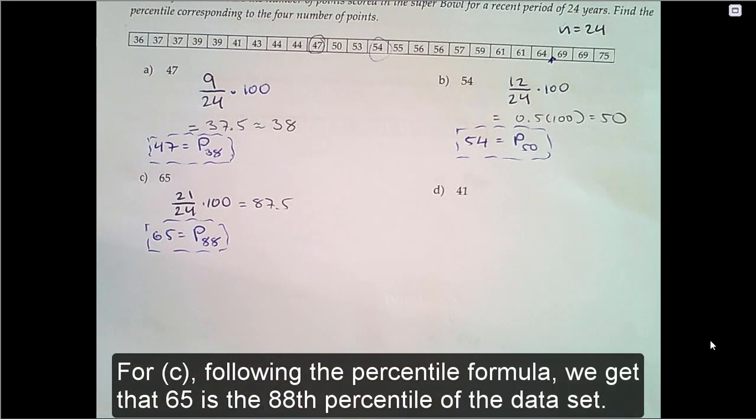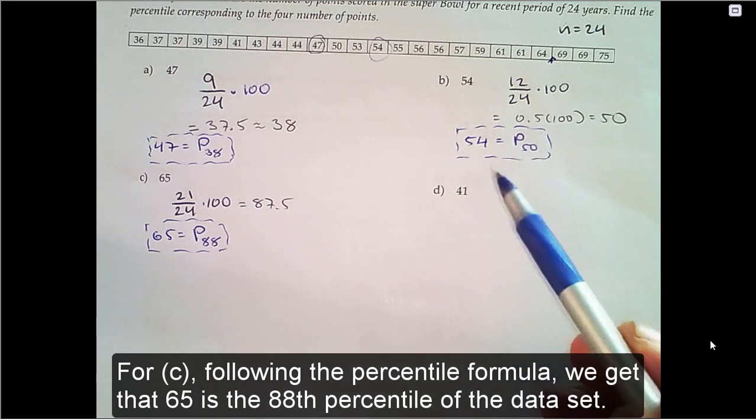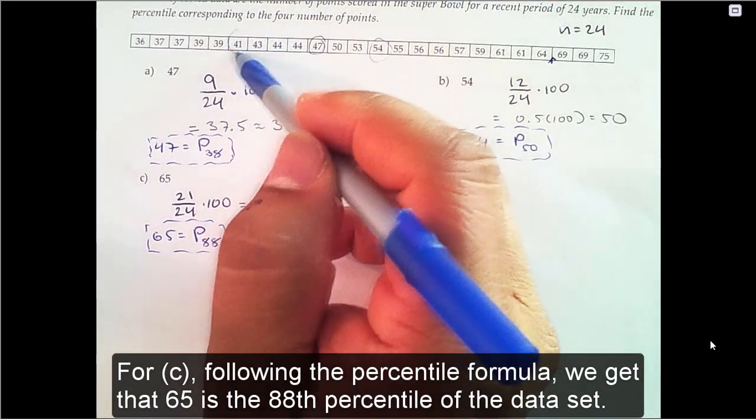For C, following the percentile formula, we get that 65 is the 88th percentile of the data set.